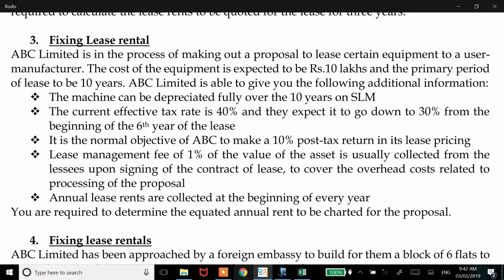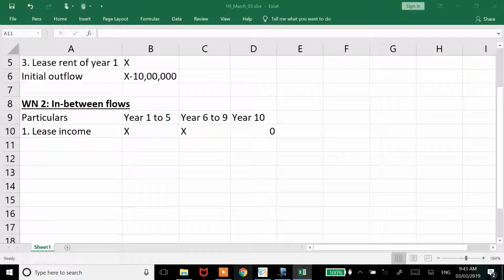I don't have any other income; I get lease rental. He is saying 1% is for meeting expenses. If this 1% includes some profit element, that is I collect 1% but I spend only 0.5%, then the balance half is going to be my income. So this amount is basically of no use to the question. So lease income, point number 2, less depreciation.